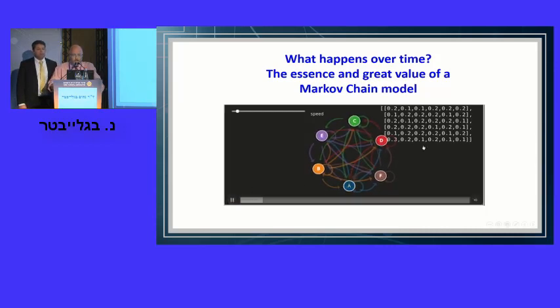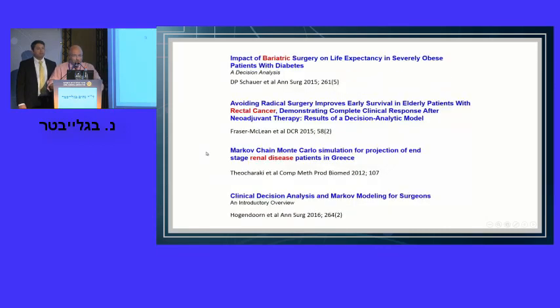So you see, this is the matrix, the probabilities in the matrix, and those are cycles. And let's say you stop here, and you know what is going to be after a cycle, after 2 cycles, after 3 cycles. And you can see that it is used lately in bariatric, in rectal cancer, in renal disease, and in general surgery.